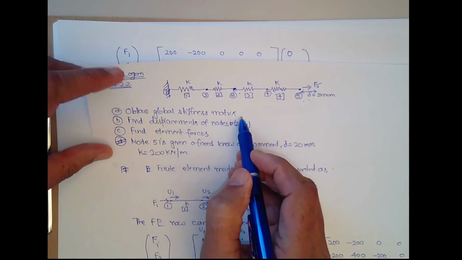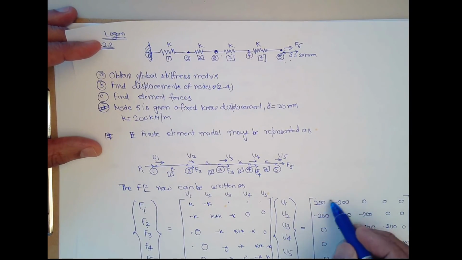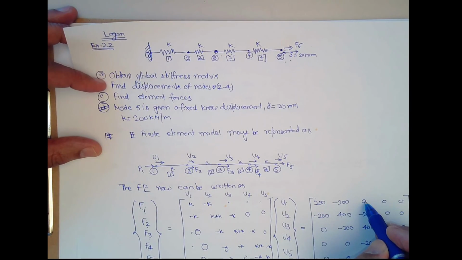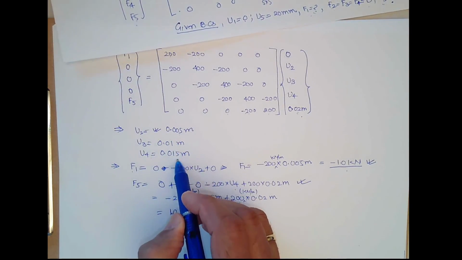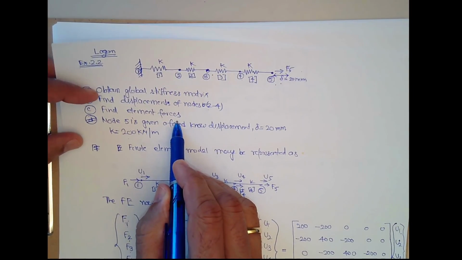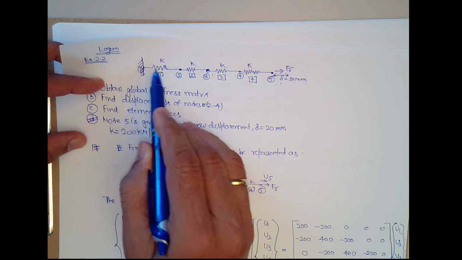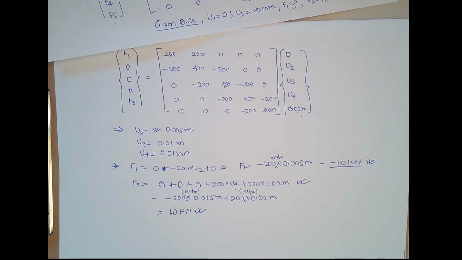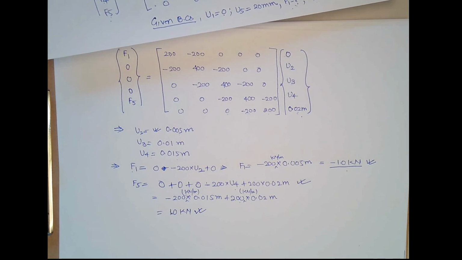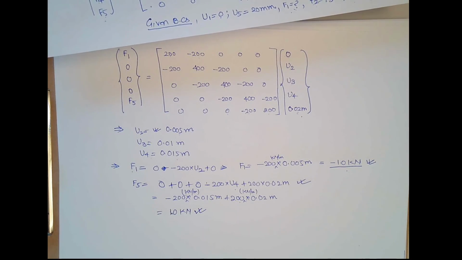So we obtained the global stiffness matrix. We found the displacements of nodes U2 to U4. We found the elemental forces, meaning F1, F2, F3, F4, F5. So these are nodal forces.